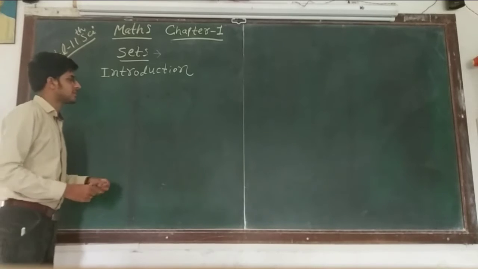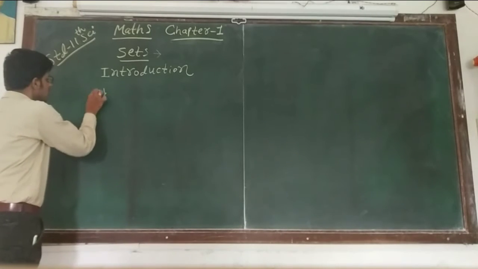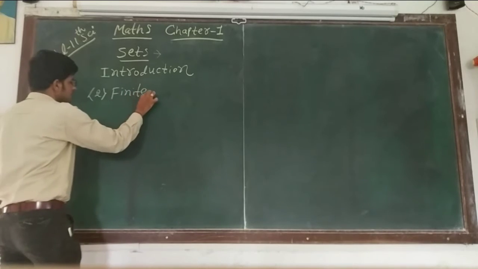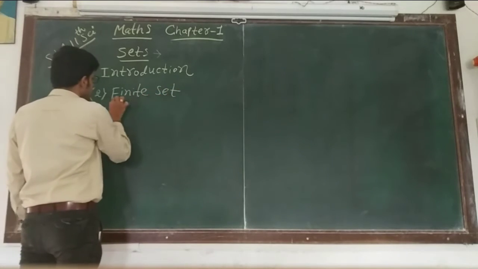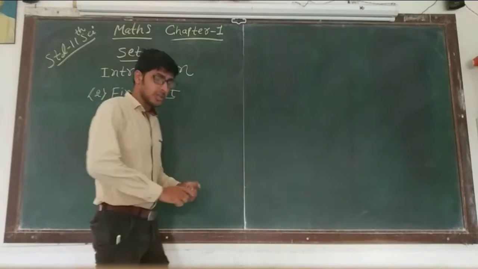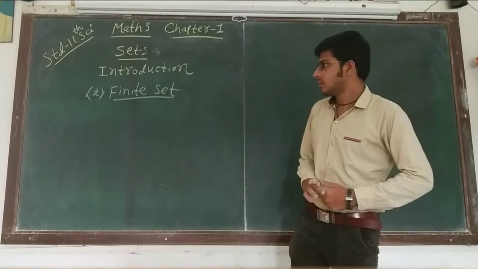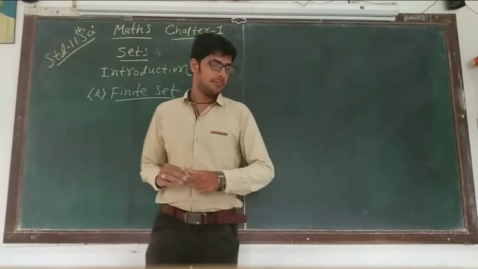Okay, next, second, finite set. It is called finite because there are countable elements. So a set containing countable elements is called a finite set.